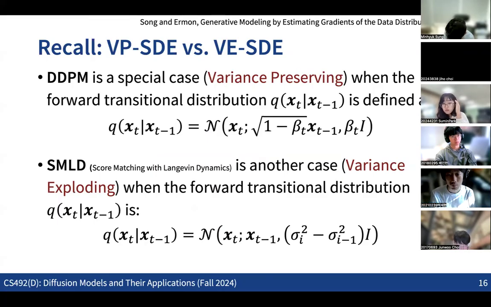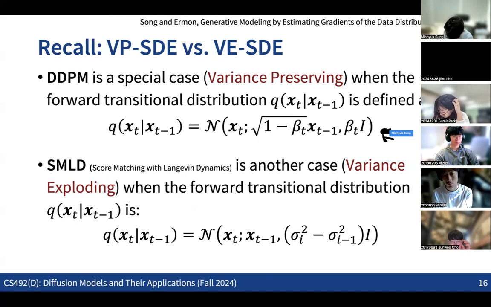So now this is a distribution not conditioned on x_0, but conditioned on x_{t-1}, right? But we have also seen that if we have the forward transitional distribution, based on that, we can also find the forward jump distribution as well. So now we are seeing a special case of the diffusion model by defining the forward transitional distribution in this way.